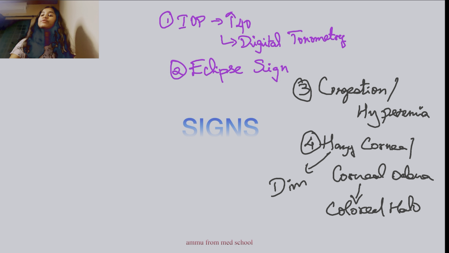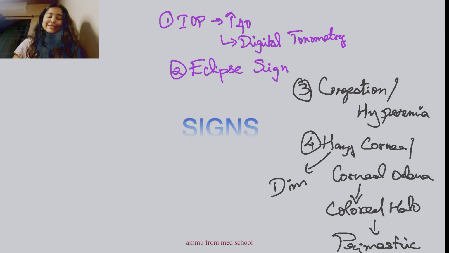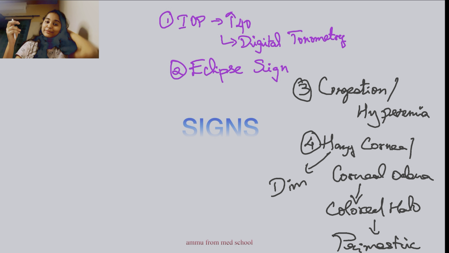Now, as I've told you to think before, why do you think there are colored halos around the light? Now I'm going to tell you the answer. The colored halos around the light are due to the prismatic dispersion of the light rays, because you have water accumulated. What happens when a water droplet is on a leaf? You beautifully see the dewdrops, and when the sunlight falls on it, you see the Vibgyor colors.